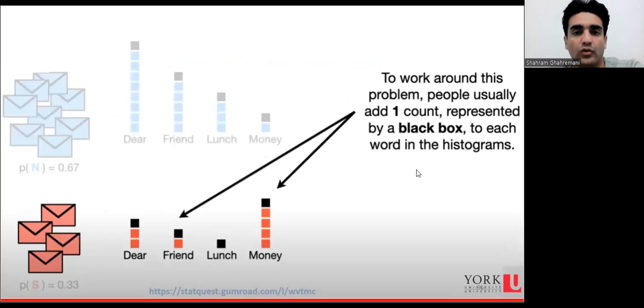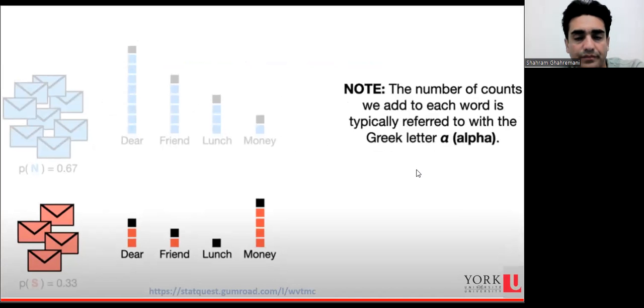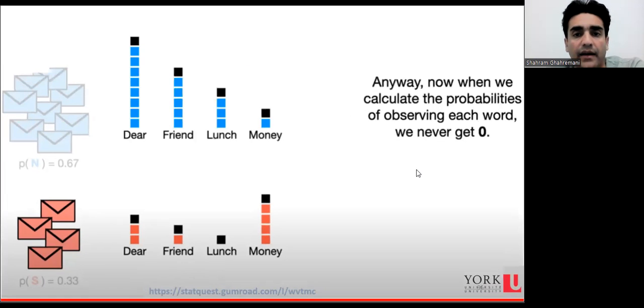To work around this problem, people usually add one count, and also for the other class, like spam here. The number of counts we add to each word is typically referred to with the Greek letter alpha. Now when we calculate the probabilities of observing each word, we never get zero.